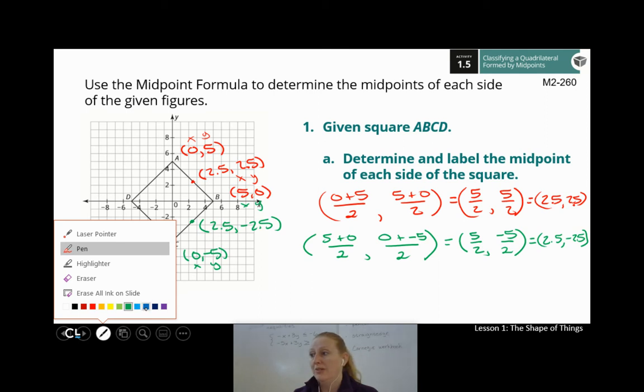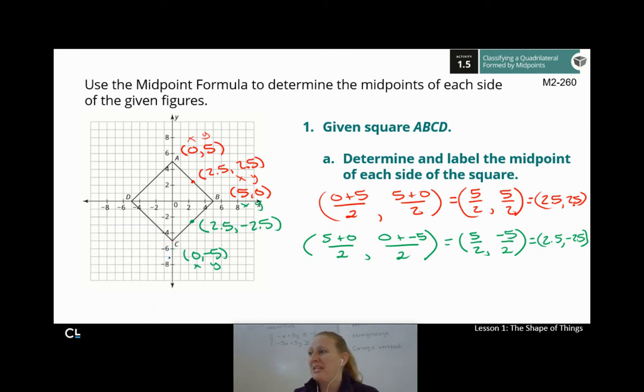Let's do the midpoint of the next side, shall we? So I have point C, but I need point D. It looks like point D is at (-5, 0). So fine, add my x's together, negative 5 plus 0 over 2. Add my y's together, 0 plus negative 5 over 2.